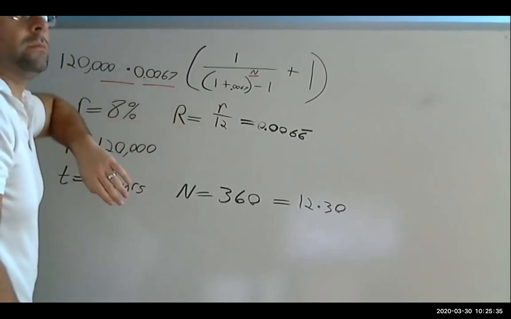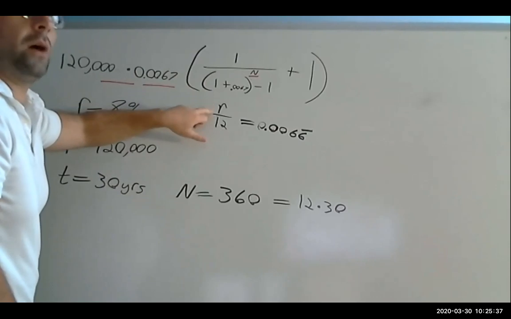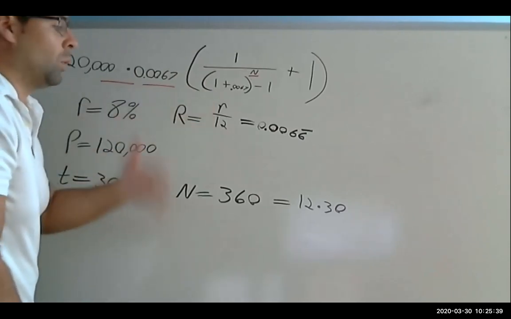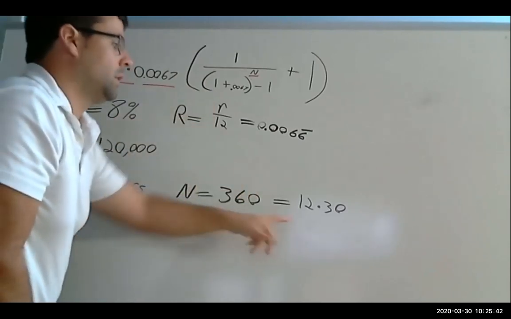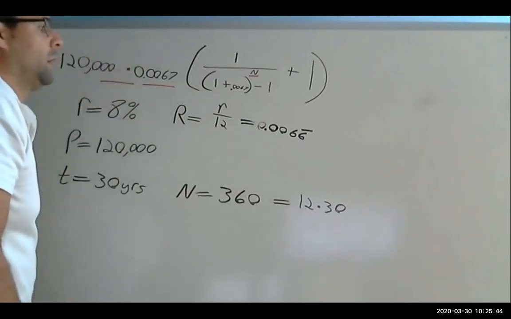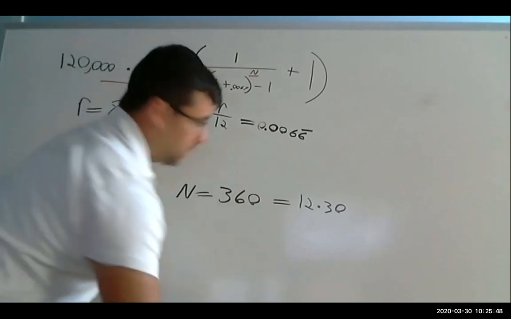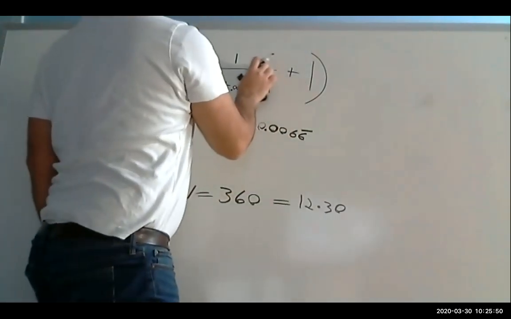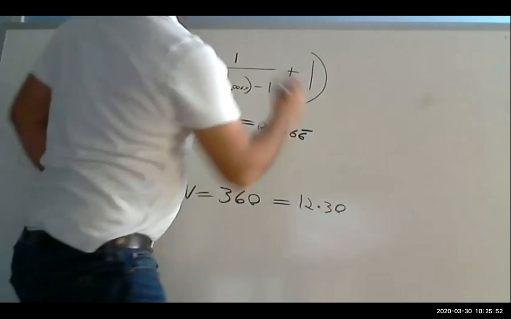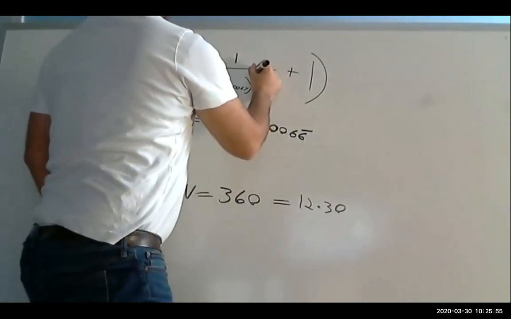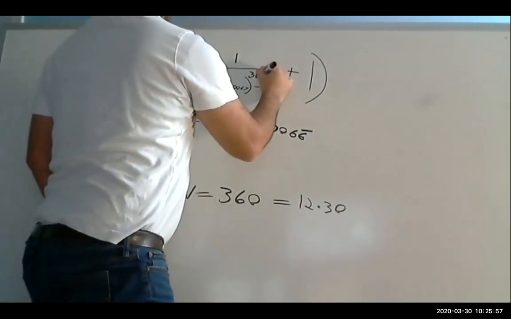We're making the interest rate smaller, but we're compounding it more often, monthly. So we get 12 times 30. So plug that in, and we get 360.